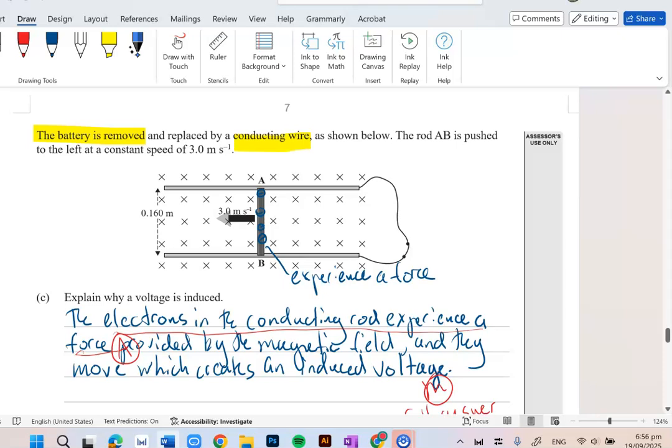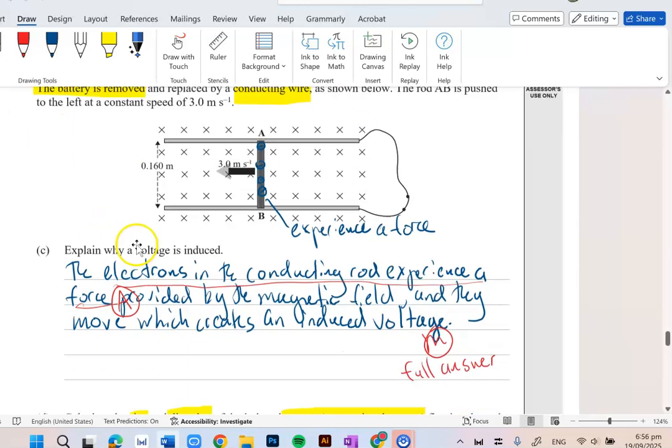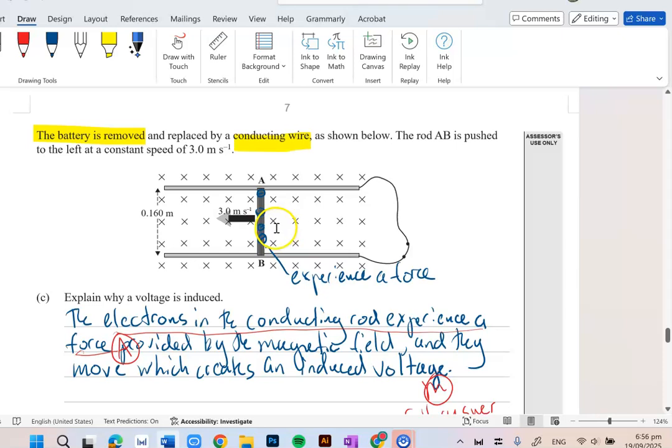But now the force, our rod or whatever, is going to be moving towards the left. So if we point our thumb towards the left and our fingers into the page, so away from us, we will see the palm of our hand is going to be facing downwards. So that means the direction is going to be from A to B.